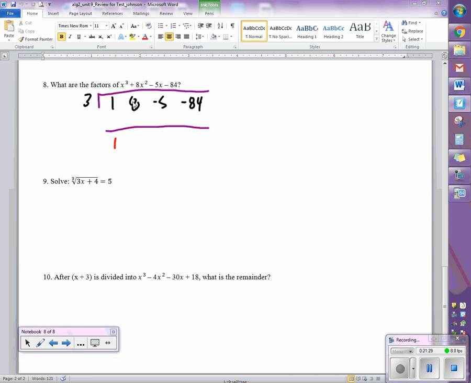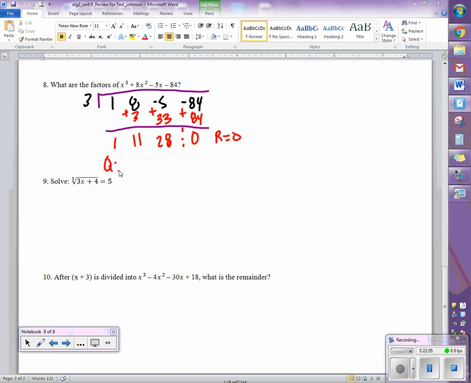Bring down 1, times 3 is 3, plus 8 is 11, times 3 is 33, plus negative 5 is positive 28. And then 28 times 3 is 84, plus negative 84 is 0. So my remainder is 0, which proves that, yes, that is a solution.